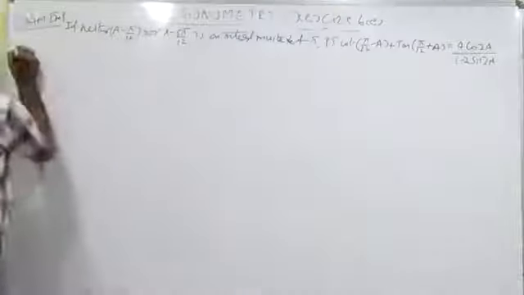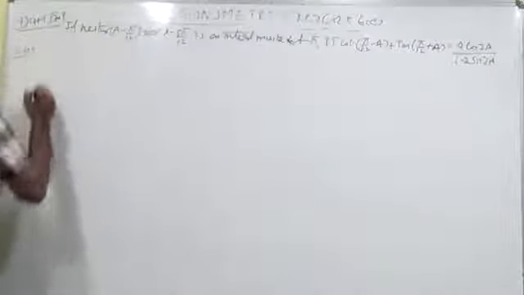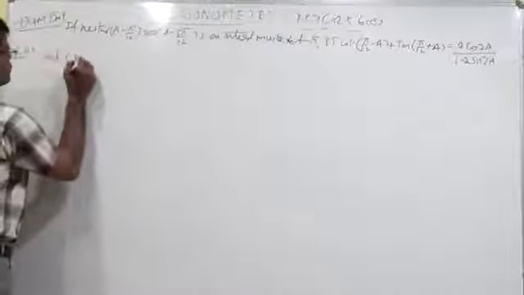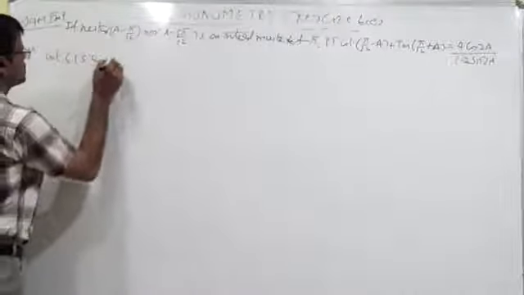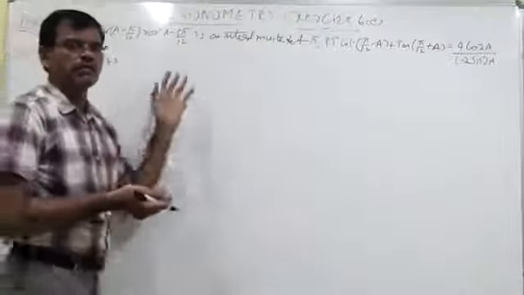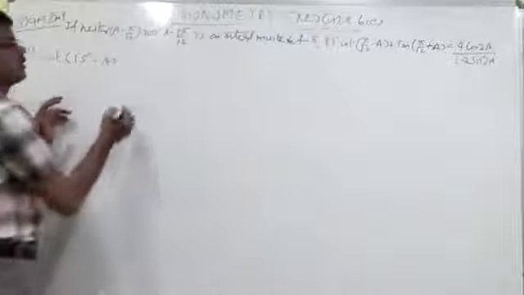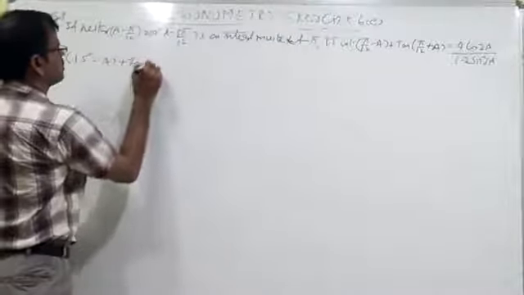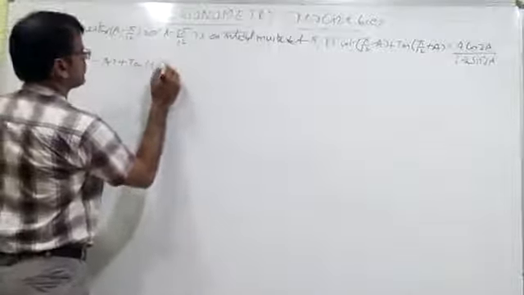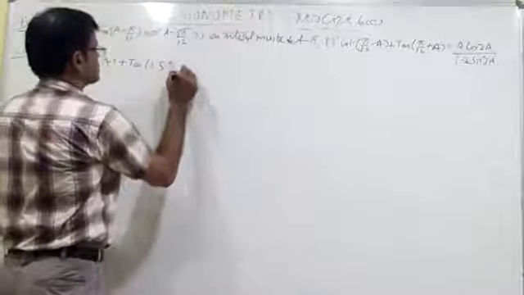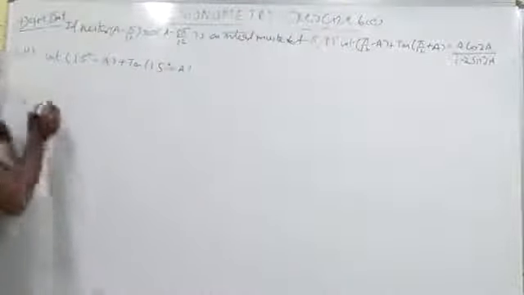Take LHS. LHS I am writing as cot of (15 degrees minus a) plus tan of (15 degrees plus a). Pi meaning 180, 180 by 12 is 15. This is LHS.